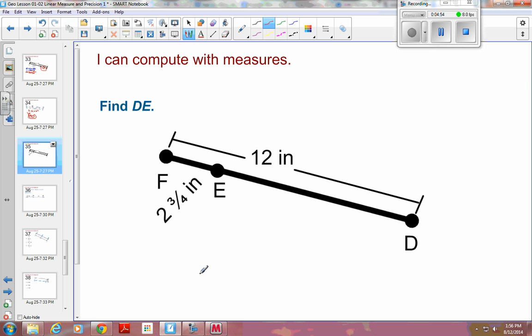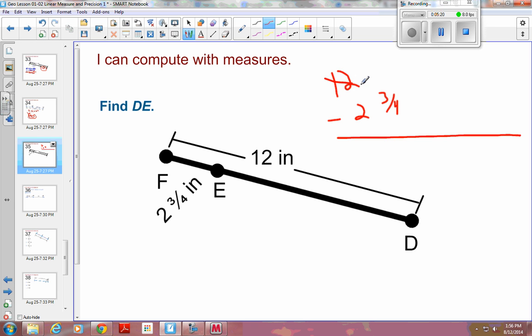Okay, same idea, we're back in inches, so it's a little bit more difficult. If you take the whole distance, this 12, you take off this FE, this 2 3/4, you should get the distance from D to E. So if I take 12 and I subtract 2 3/4, and we've got no fraction here, so we're going to have to borrow.